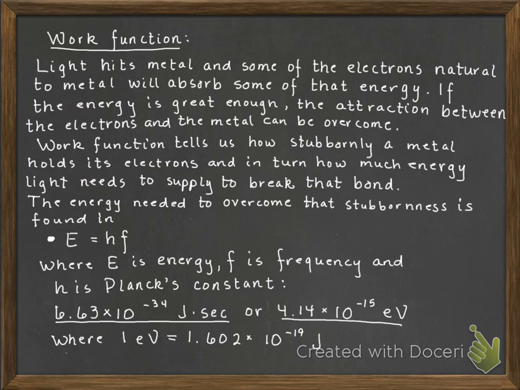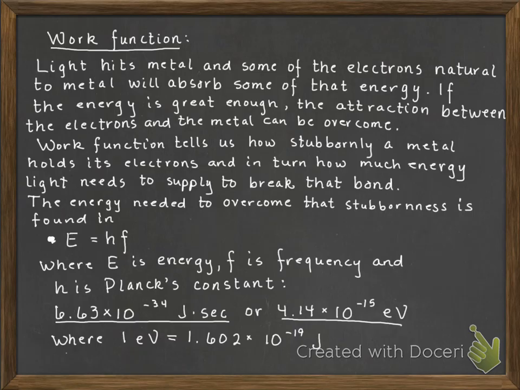The energy needed to overcome that stubbornness is in this equation here: E equals hf. E is the energy required by the light to break the bond, f is frequency, and h is Planck's constant. And we have two different values for that. It depends on what we are given in our problem.